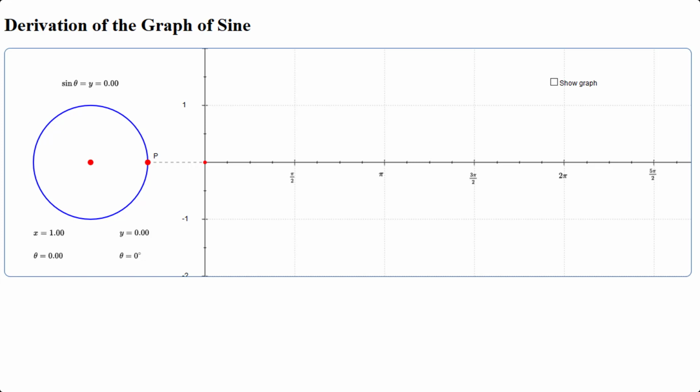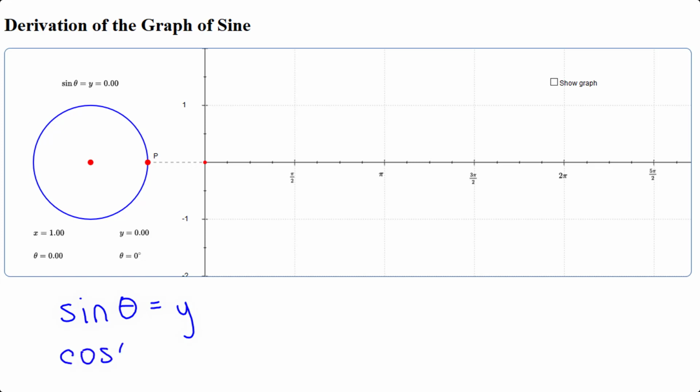And I have point P on my circle. And what's going to happen is, as I move point P, it's going to plot on the axis to the right the y-coordinate of point P. So what's important about the y-coordinate of point P is that we know the sine of some angle measure is equal to the y-coordinate off of a unit circle.